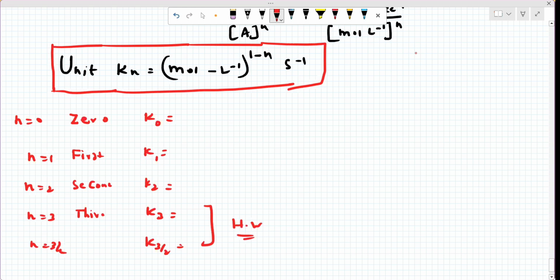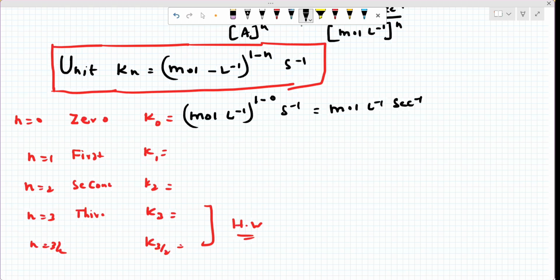What is the zero order reaction formula? Mole liter power minus 1, 1 minus 0, second inverse. Therefore, mole per liter per second. Yes or no? For first order reaction, mole liter power 1 minus 1, second inverse.